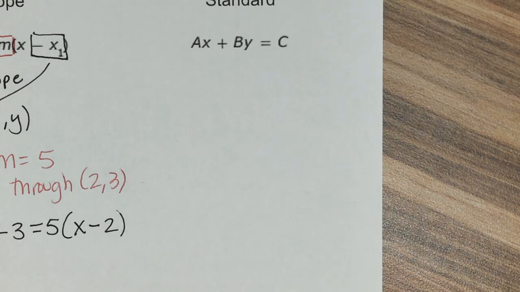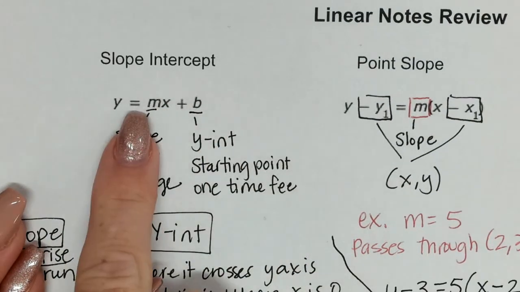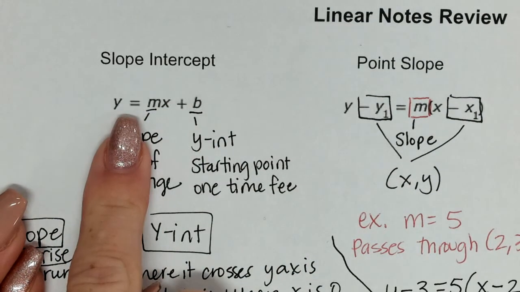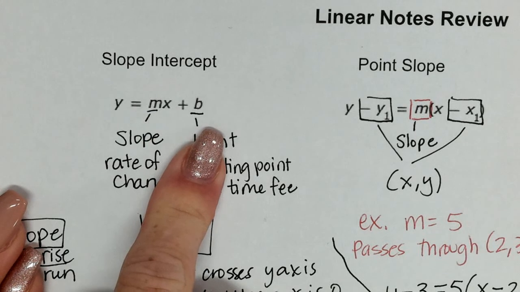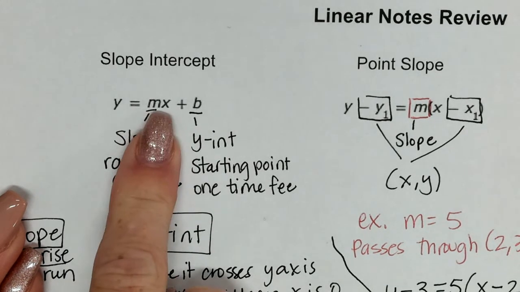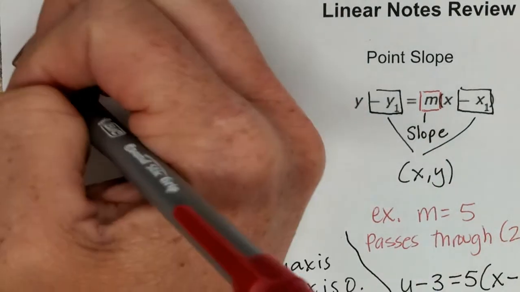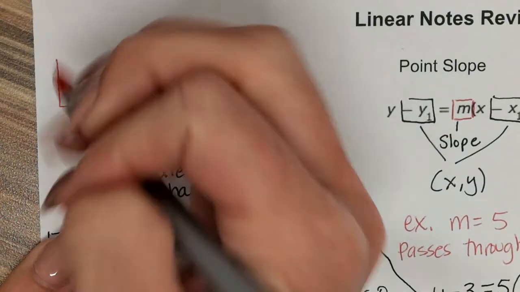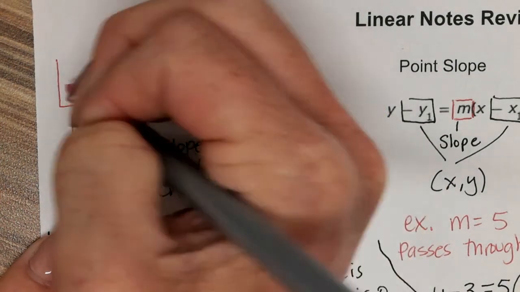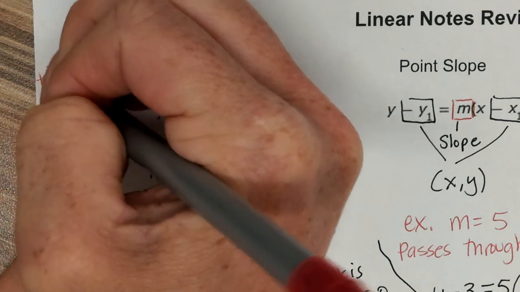Okay, standard form is the least used form, but the reason that we use standard form is to write equations in real life where they're comparing two things that are similar. So over here, this is when you have a slope, a rate and a one-time fee. So something like this would be like on the x-axis and y-axis, x would be like hours and the y would be like the total cost.